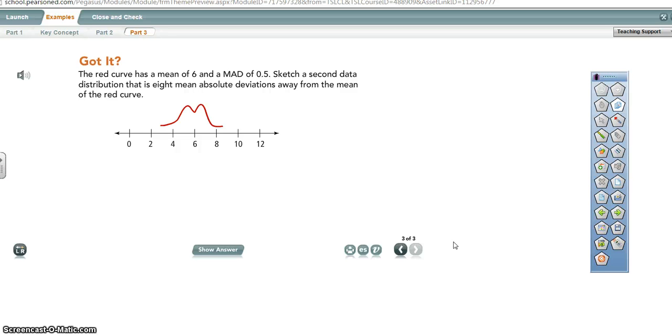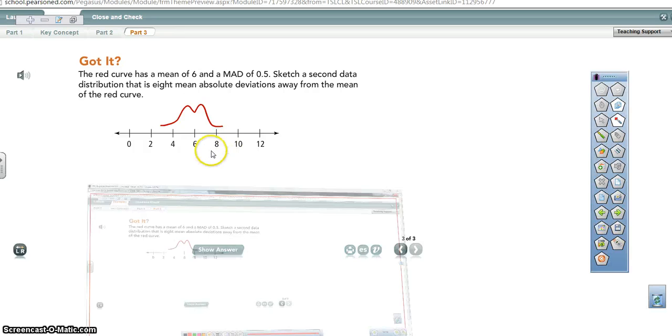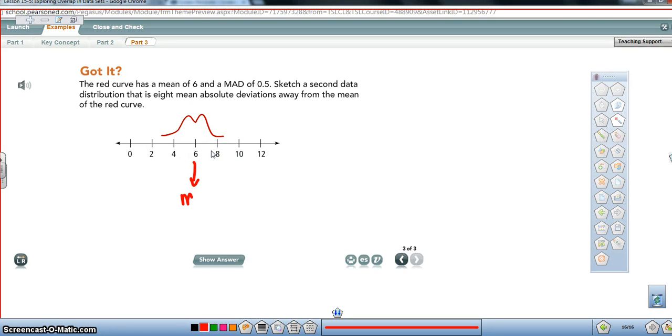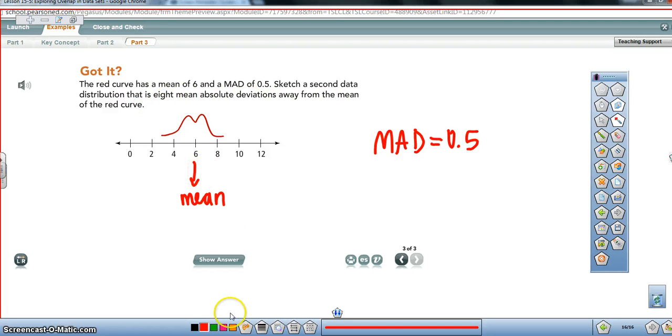Here's another one. The red curve has a mean of 6 and the mean absolute deviation is 0.5. Sketch a second data distribution that is 8 mean absolute deviations away from the mean of the red curve. If we do 8 of these, that's 4 away from our original mean.